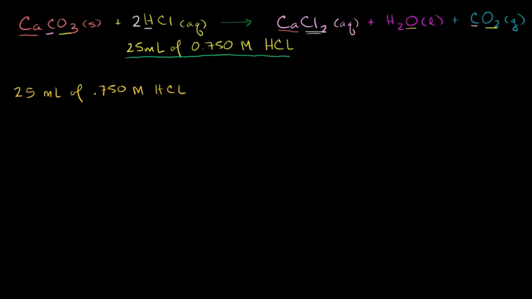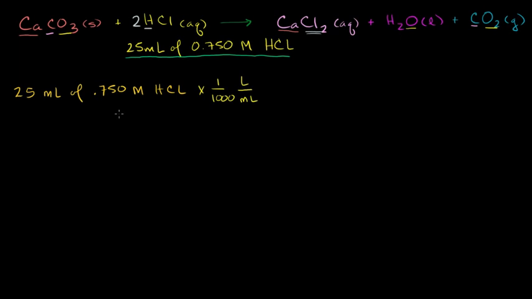So the first thing we need to think about is that molarity is always expressed in moles per liter. This is expressed in milliliters right now. So I want to get rid of the milliliters. I want it to be in liters. So I want to multiply it by liters per milliliter. And we know we have 1 liter per 1,000 milliliters, or 1/1000th of a liter per milliliter, however you want to view it. That's going to cancel out the milliliters.